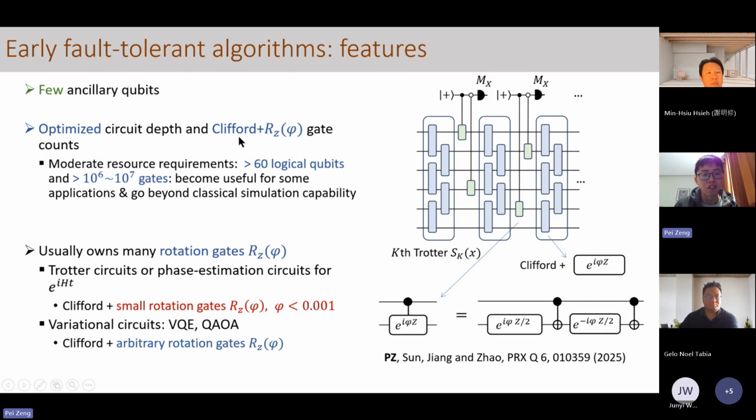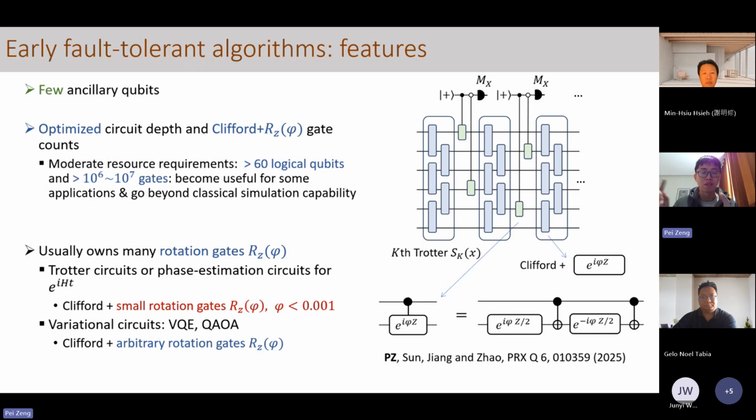What I mean is that you first decompose the whole quantum circuit into Clifford gates like CNOT, Hadamard, and S gates, with some extra Z rotation gates, where the rotation angle phi is determined by the classical parameters of the quantum algorithm. For example, in Hamiltonian simulation, the phi angle is determined by the Hamiltonian interaction parameters, like in the Heisenberg Hamiltonian.